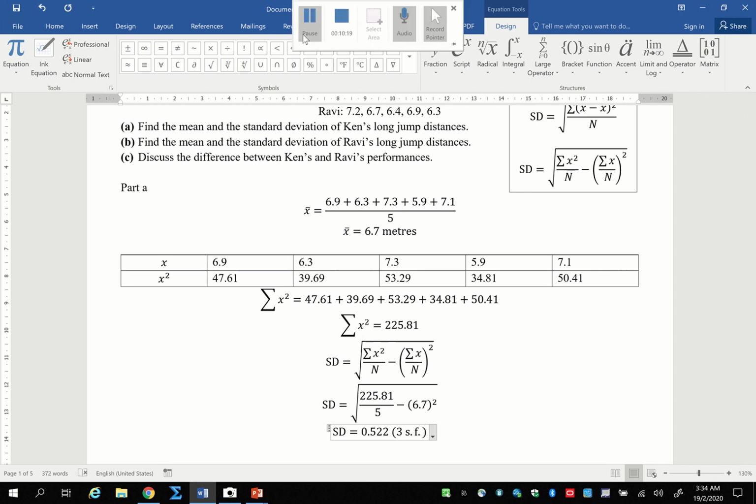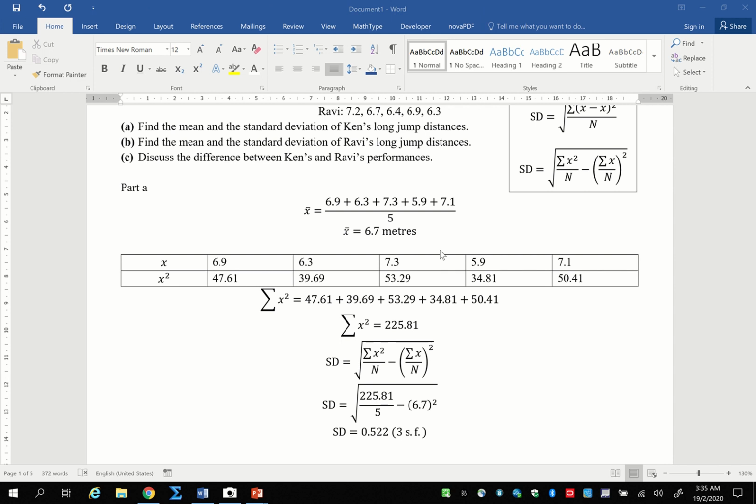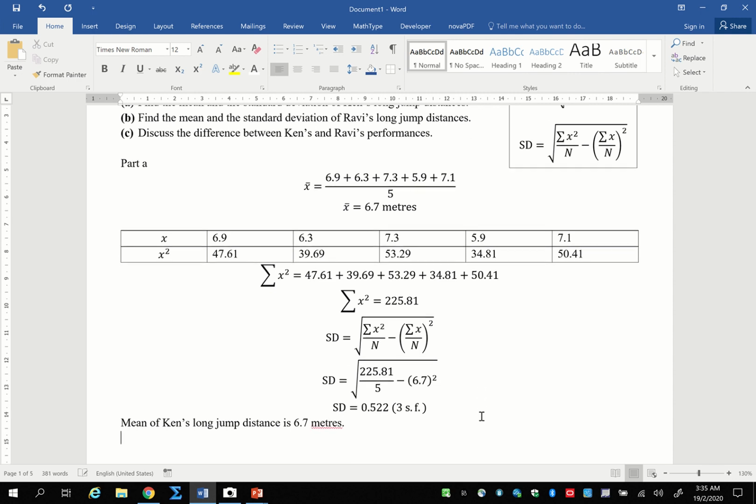Alright, so we can now conclude that the mean of Ken's long jump distance is 6.7 meters, and the standard deviation of Ken's long jump distance is 0.522 meters.